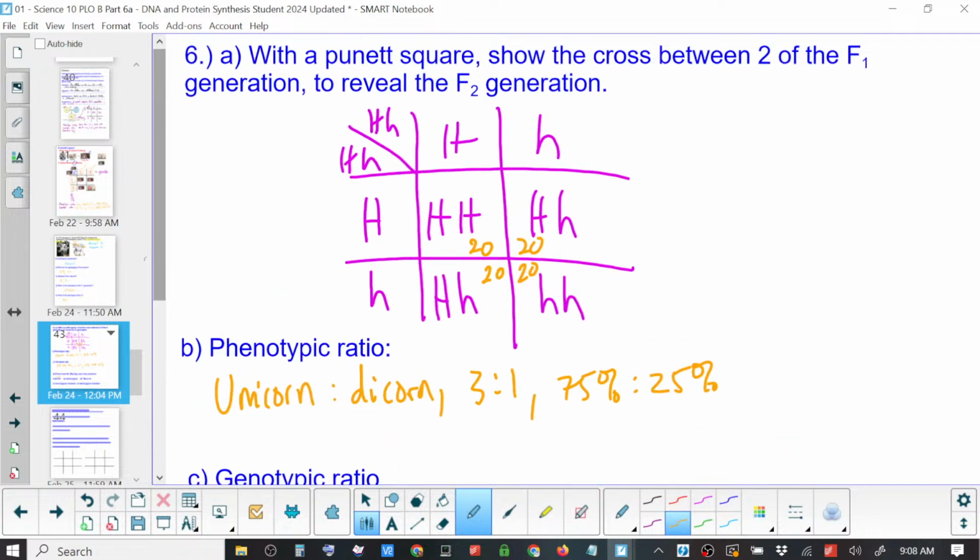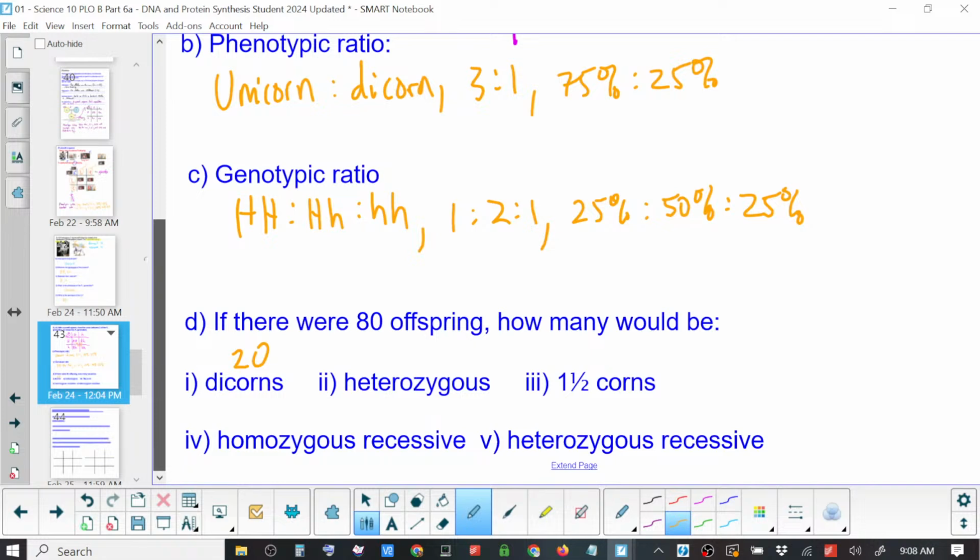What does heterozygous mean? Different. So how many of these have different types of alleles? Two. So how many? Half, which is 40.